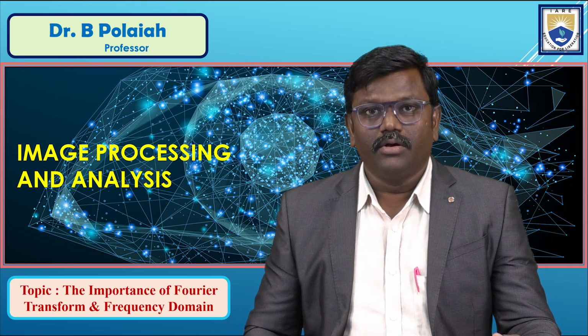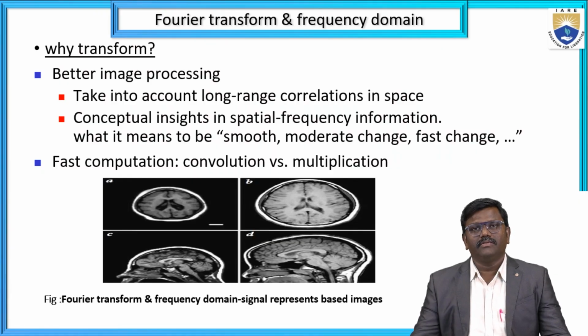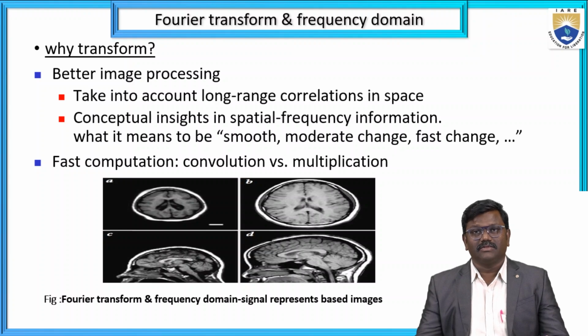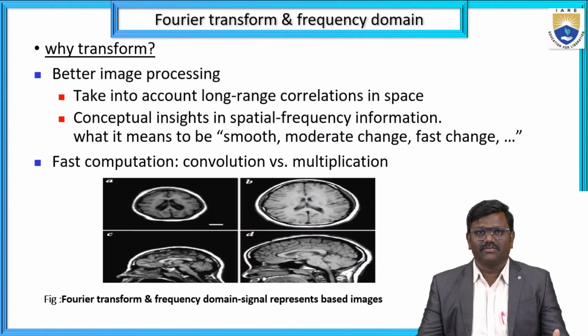This Fourier transform and frequency domain is one of the domains which we are going to use to understand image processing better, where we apply such transformation techniques, such transformation methods, such transformation mathematical models. So why do we want to concentrate on such a transformation?